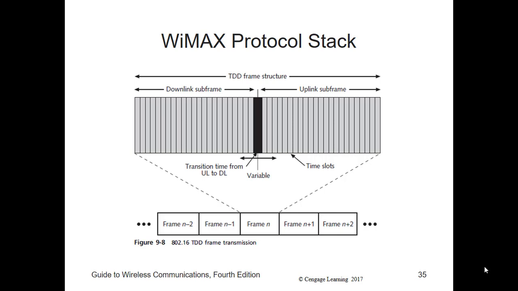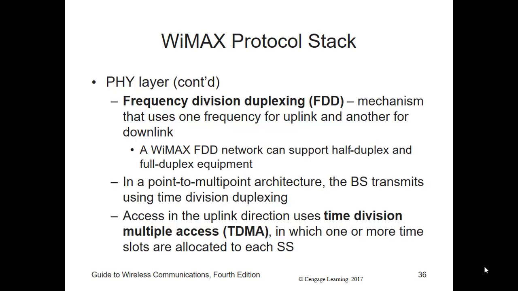Now, WiMAX also allows the use of two different frequency channels, FDD. The structure of the frame in FDD is similar to that of TDD, except that one frequency is used exclusively for downlink and the other frequency would be used exclusively for the uplink. WiMAX can support less expensive half-duplex equipment as well as full duplex stations simultaneously, using different frequencies on the same network and at the same time.